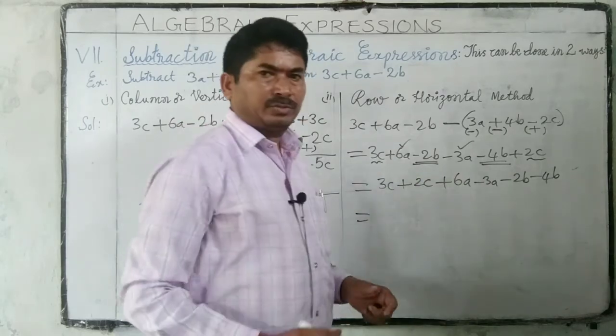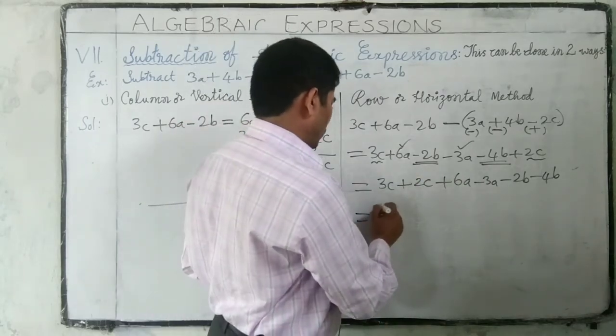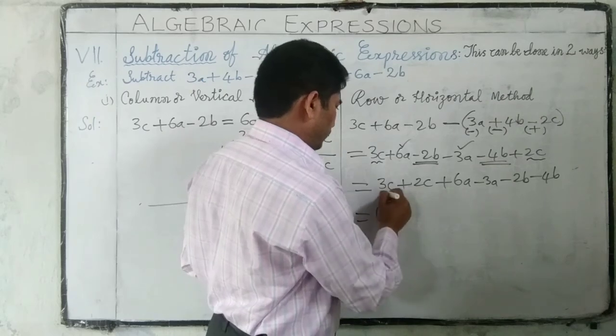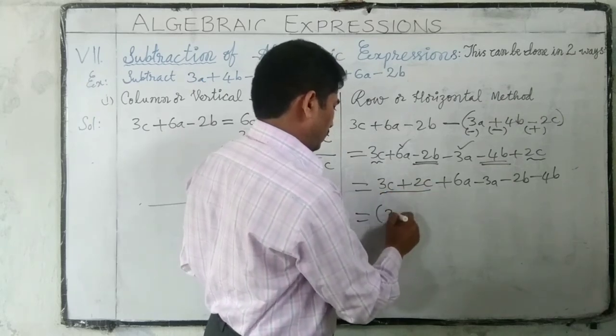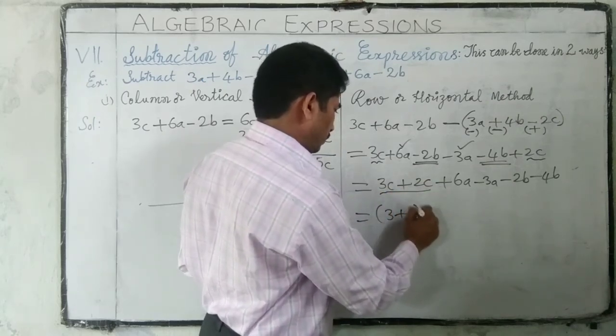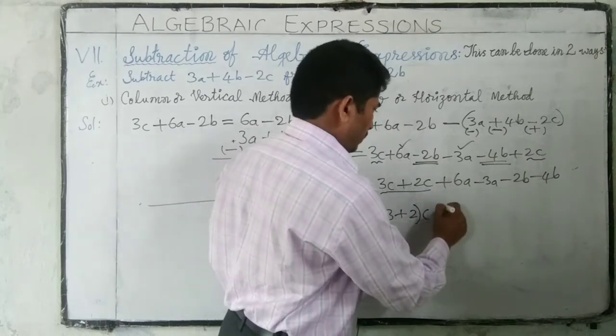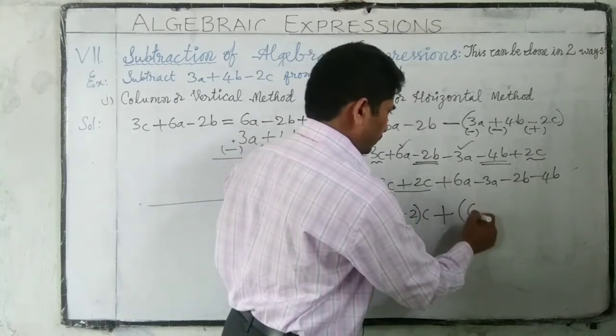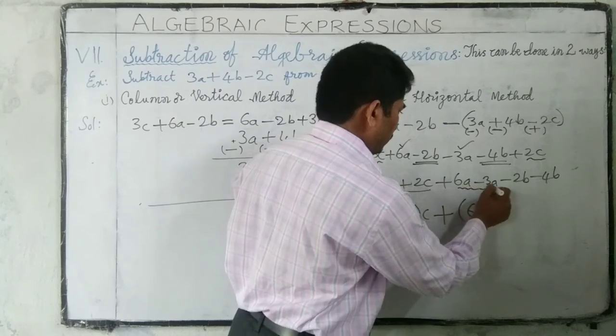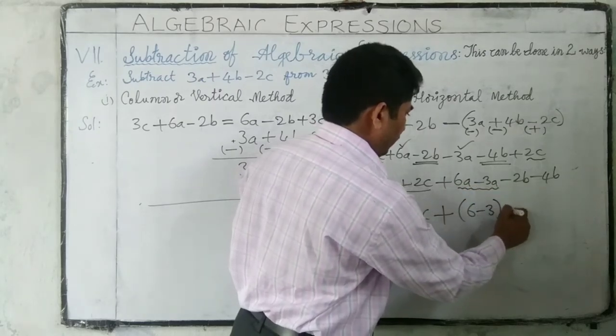Add the like terms. 3 plus 2, 5c. Here 6 minus 3, 3a only.